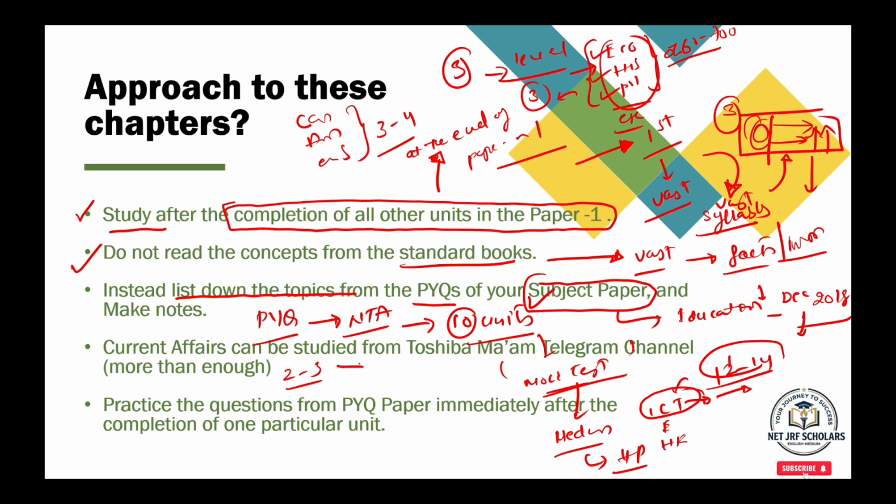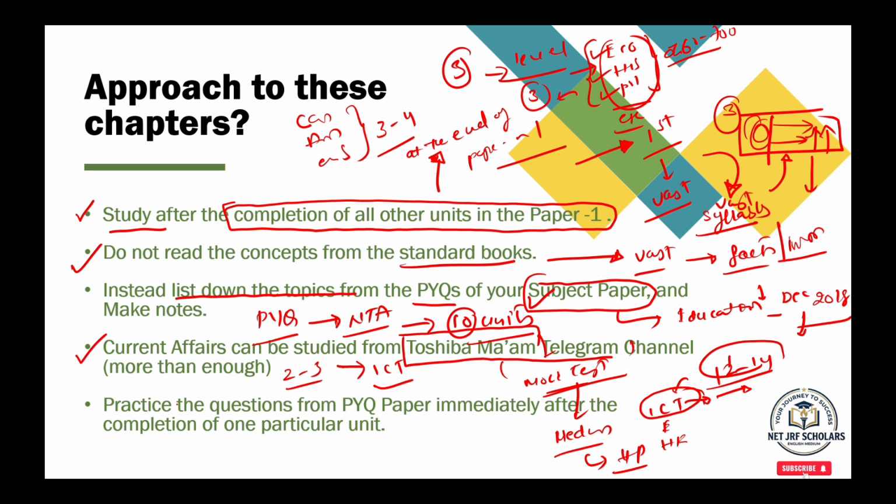For this, you can simply follow Toshiba ma'am's Telegram channel, where ma'am provides updated information on these 3 units. It adds value to your preparation if you follow the updates from ma'am's Telegram channel.